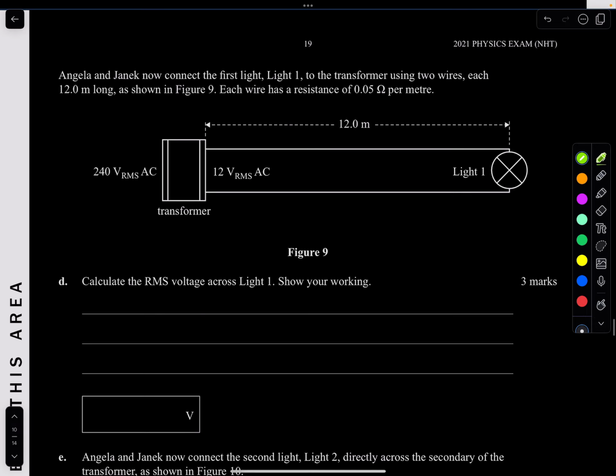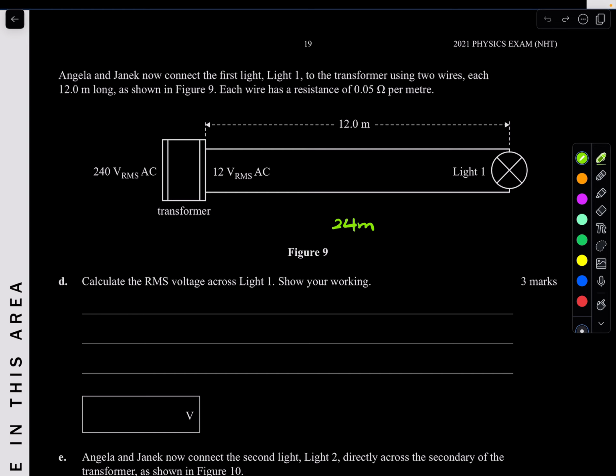Done. Angela and Janik now connect light 1 to the transformer using 2 wires, each 12 meters long, as shown in figure 9. Each wire has a resistance of 0.05 ohms per meter, alright? So we have a transformer, and we're given 12 meters of wire from here to here, but of course we double it because we also have the same length of wire here. So overall we have 24 meters of wire.